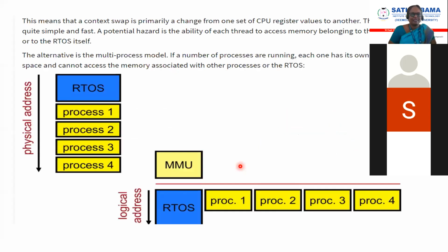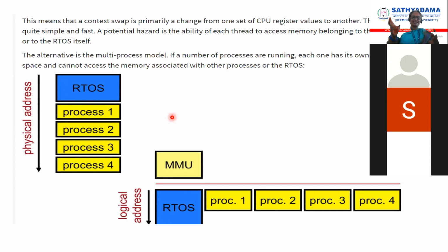The next one: when you see process one, process two, process three, that is the multi-process model, whereas the earlier one is the multi-thread model. In the multi-process model, if a number of processes are running, each one has its own address space. Process one has its own address, process two has its own address, process three has its own address.